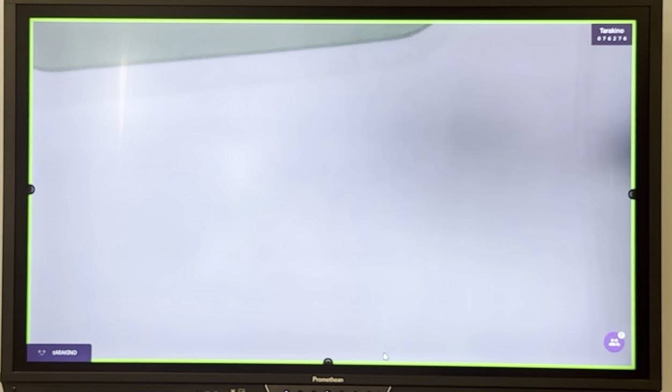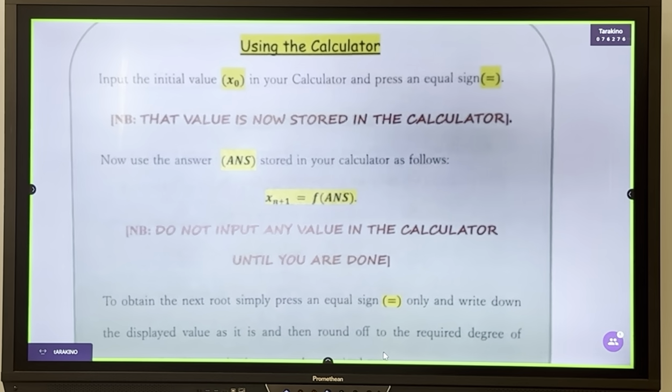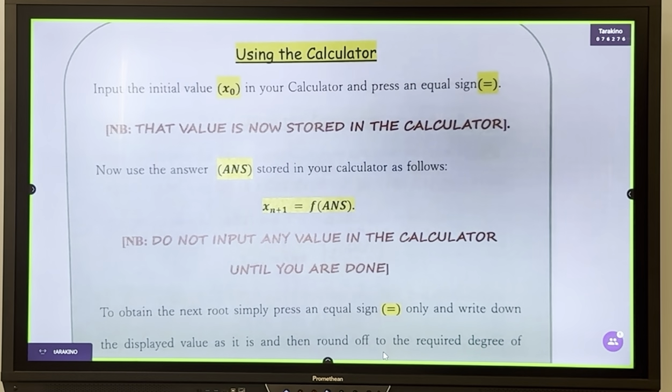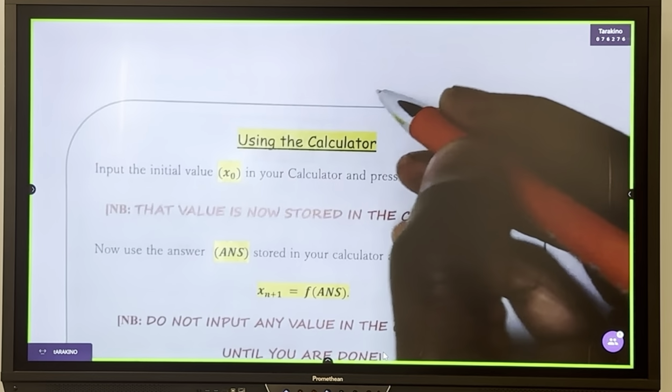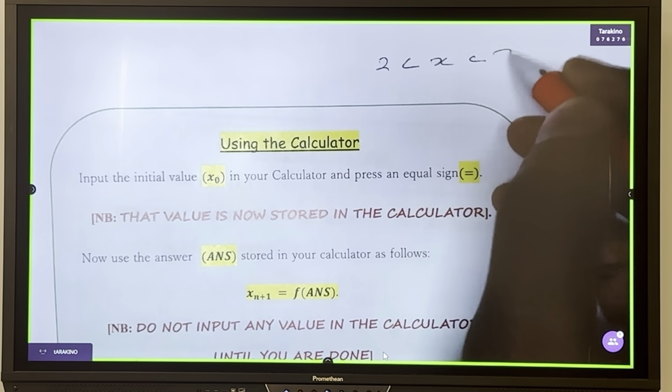Then we are going to be dealing with calculators more often here, especially when we do our iterations, whether we are given an iterative formula or it's the Newton-Raphson method. So you need to know how to use your calculator, right? That's your savior here, right? So when you are using your calculator, you are given an initial value, or sometimes you are asked to estimate an initial value. So for example, maybe it was just in the range 2 up to maybe 3, right?